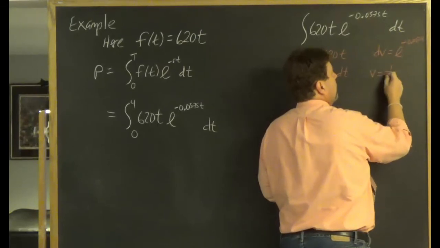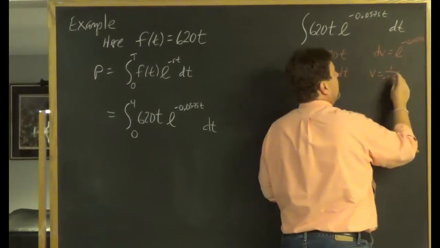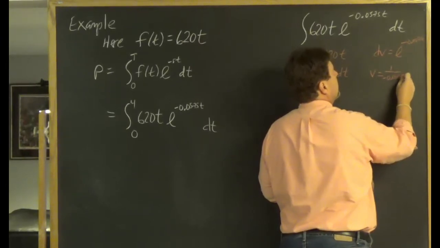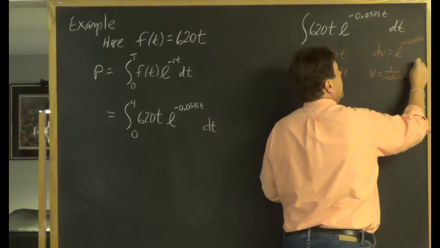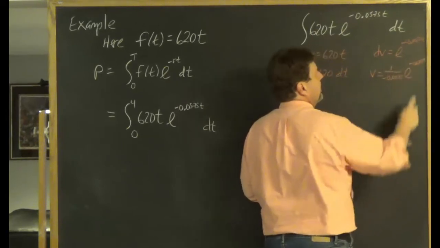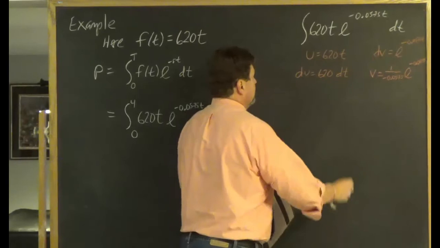It's 1 over negative 0.0575, e to the negative 0.0575 t. There's a t there. I know I barely got it on the board. Helps if I have the correct number of zeros.